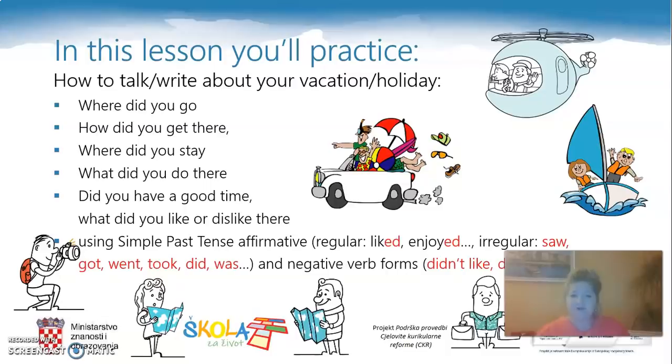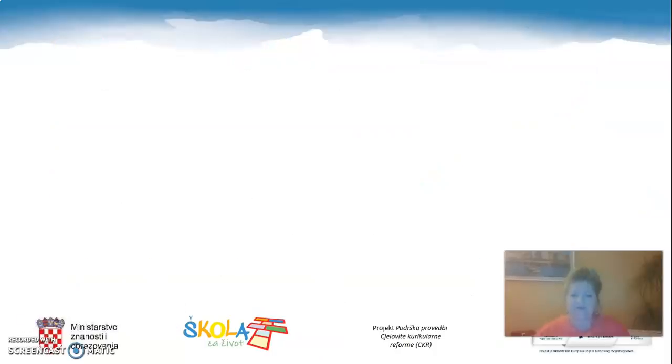Saw, got, went, took, did, was, and so on, and negative forms: didn't like, didn't travel, didn't enjoy, wasn't, and some other examples. During the presentation, all of simple past verbs are going to be highlighted in red, so you can notice them each time.